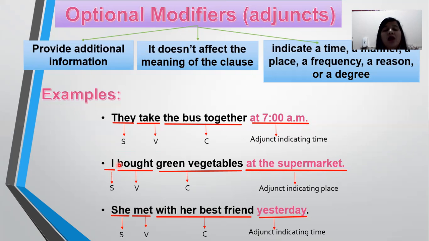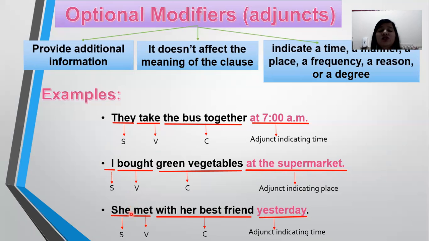The next example, I bought green vegetables at the supermarket. I is the subject, bought is the verb, green vegetables is the complement. At the supermarket is the adjunct because it's extra information about where I bought the green vegetables.